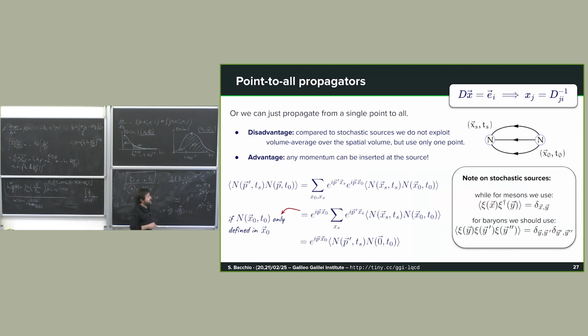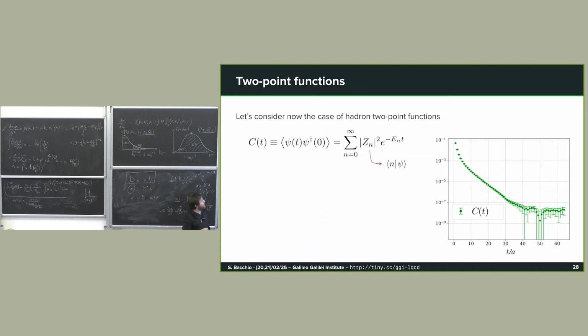And in the same way, to compute nucleon two-point functions we use point sources. So we select one point of the lattice, and then we compute, like I said, these propagators to any point, and we contract them. So you just take them and then contract them properly after a certain distance, and you get, for instance, nucleon two-point functions.